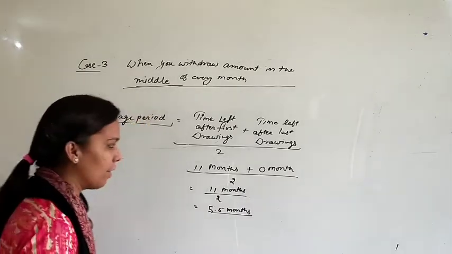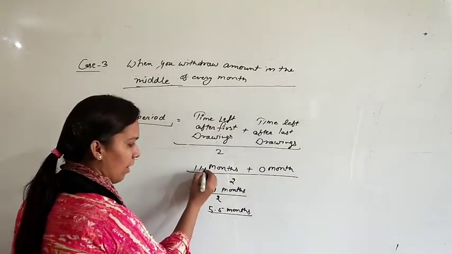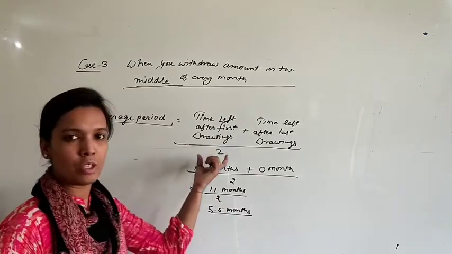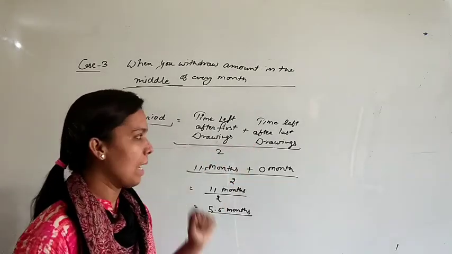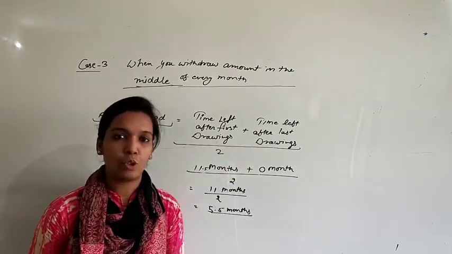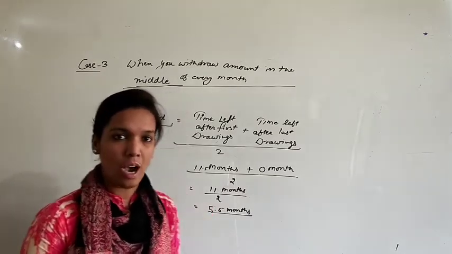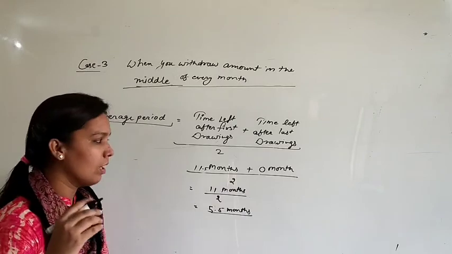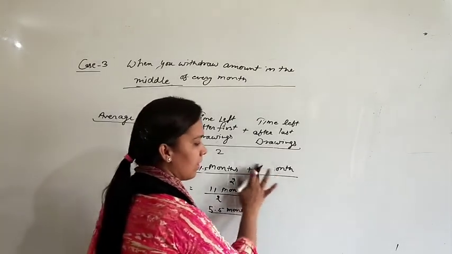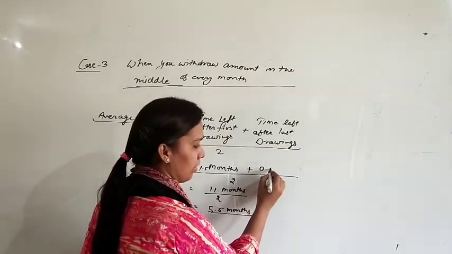It means you have 11.5 months left after your first drawing. Okay, time left after last drawing. When will you do your last drawing? That will be in the middle of March. So after the last drawing you will have half a month left.